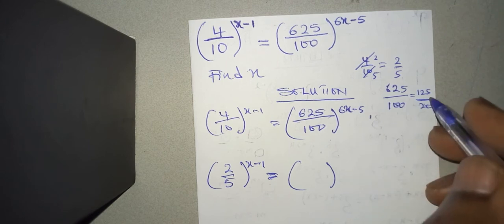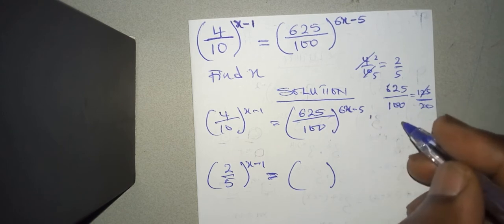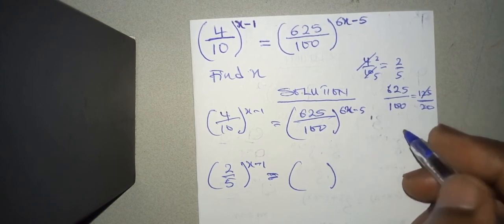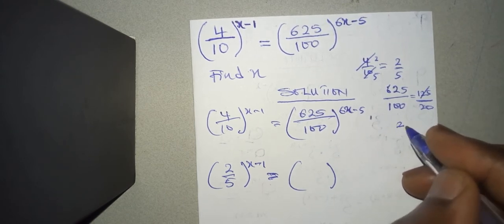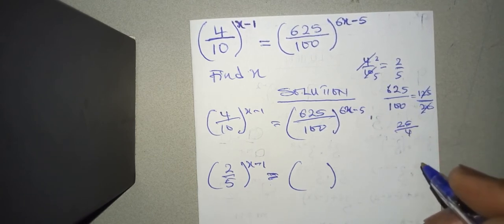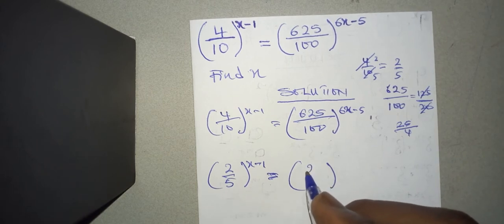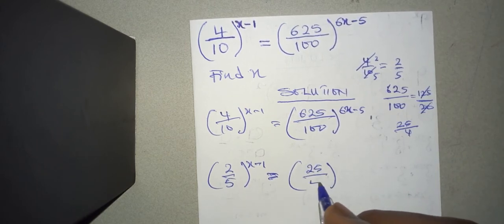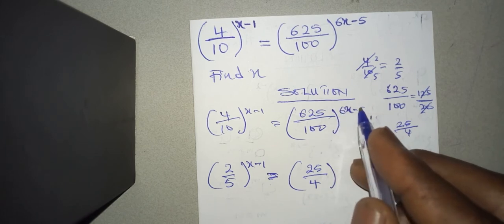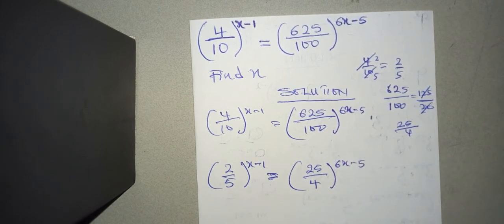But we can still reduce it so that 5 here, I think we'll get 25, 5 here, we get a 4. So I'll put 25/4, then this whole thing will be put there, 6s minus 5.